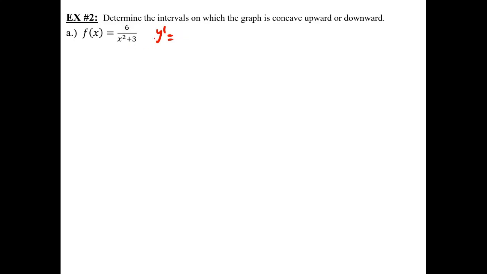So low is x squared plus 3 times d high, the derivative of high is 0, minus high d low, we have 2x, over low squared, so x squared plus 3 squared.